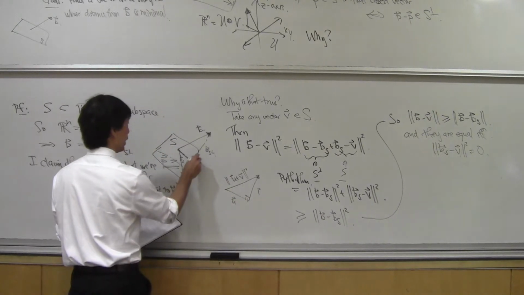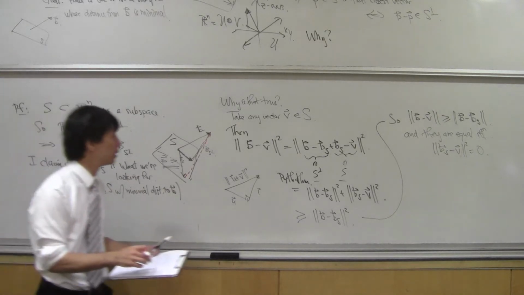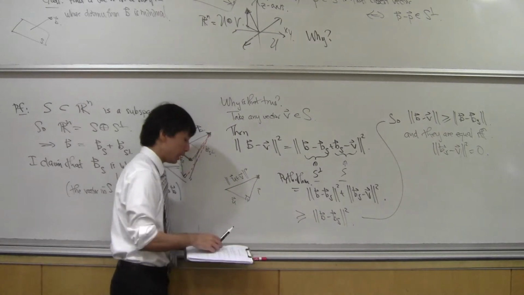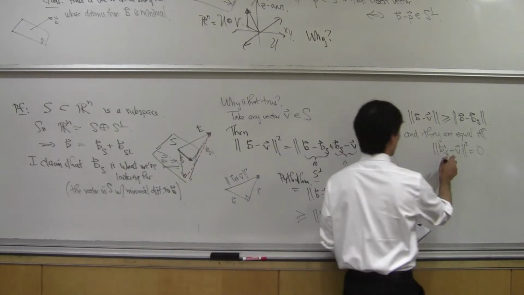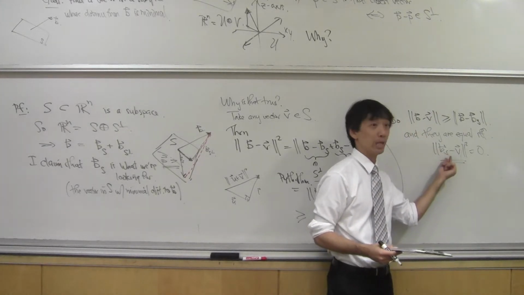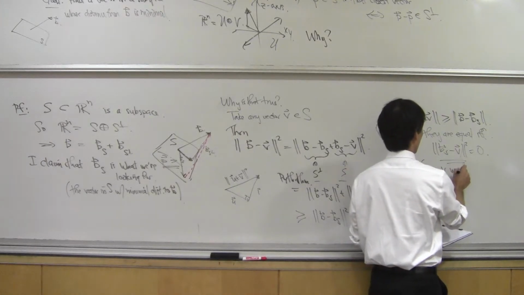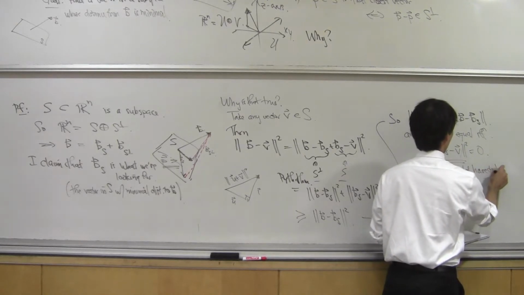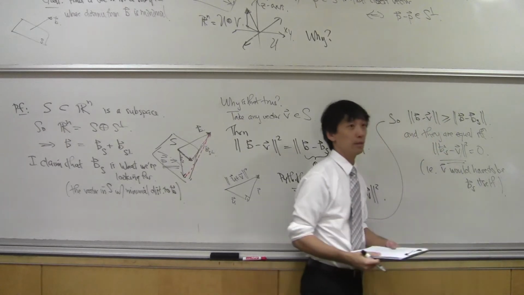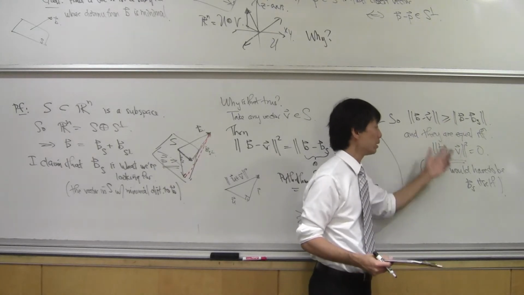The only way they could be equal is if the distance from BS to V is 0, in other words, when V is BS itself. It's going to be strictly bigger unless you actually have BS itself.